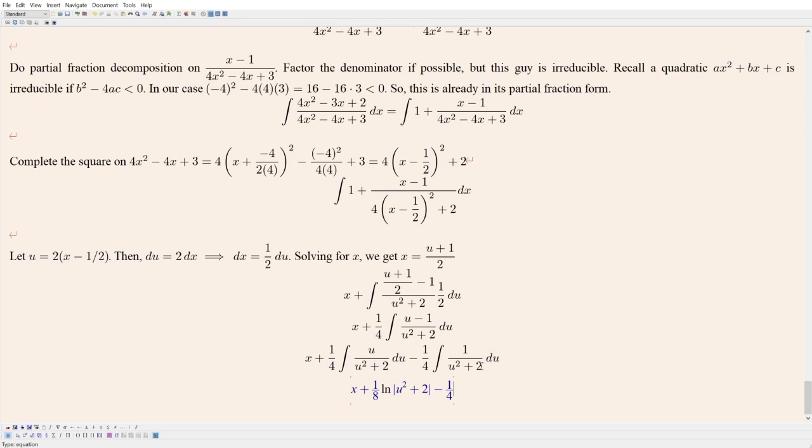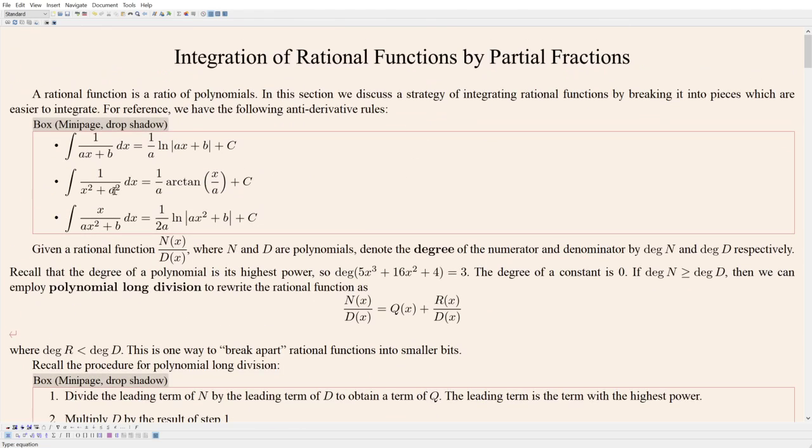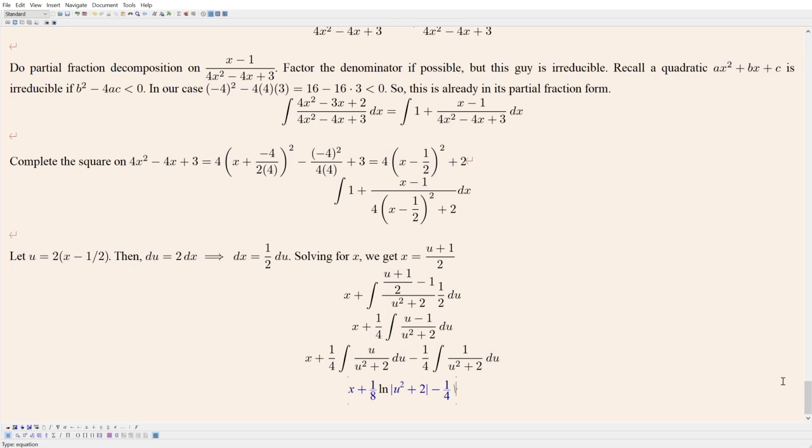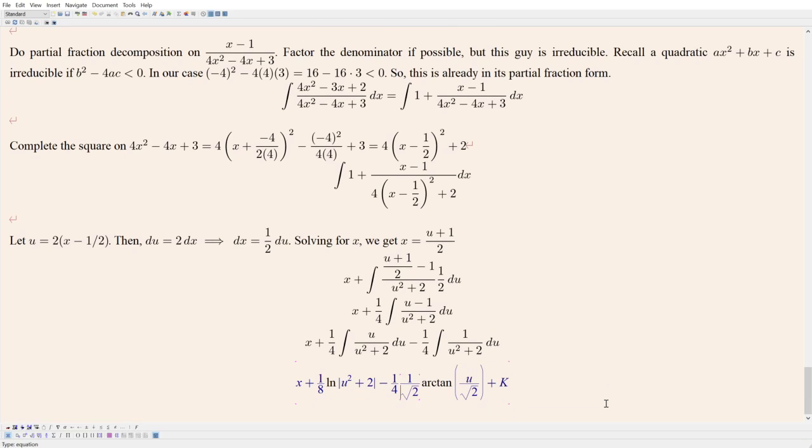So 2 is the same as square root of 2 squared, right? Because a is the square root of whatever number is present here. So this is 1 over root 2 arctan u over root 2. Okay. And may as well write this in 1 fraction, like so.